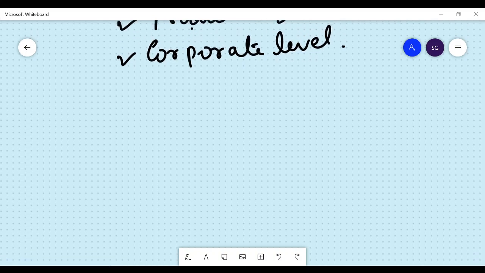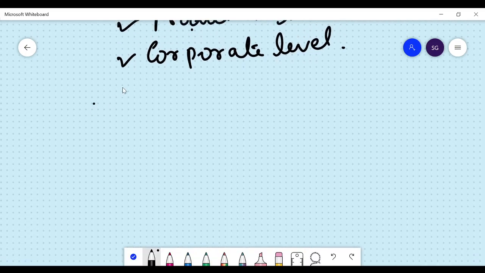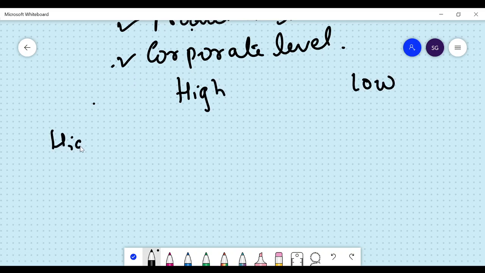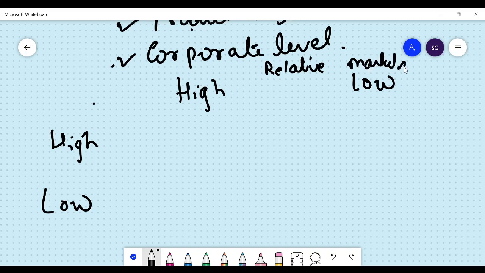Now we'll draw the matrix. High, low, high, low. This is relative market share, and this is market growth.